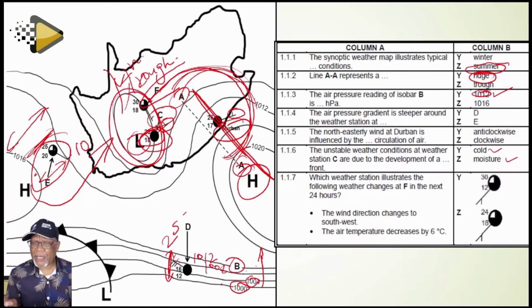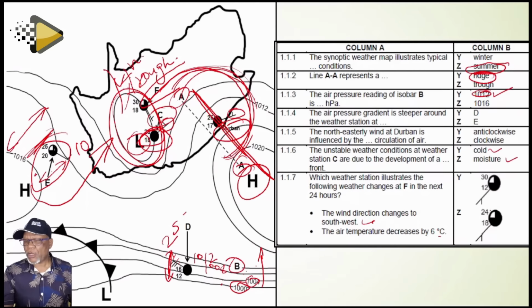And then they say here, which weather station illustrates the following weather changes at F? Here at F, the wind direction is going to change to southwest, and the air temperature is going to decrease by 6.